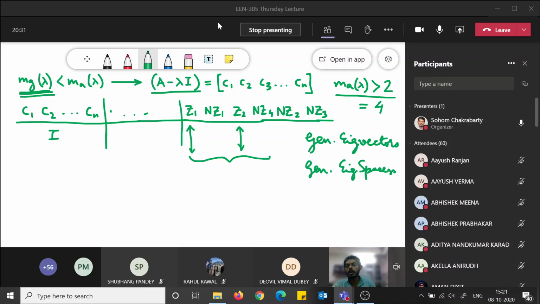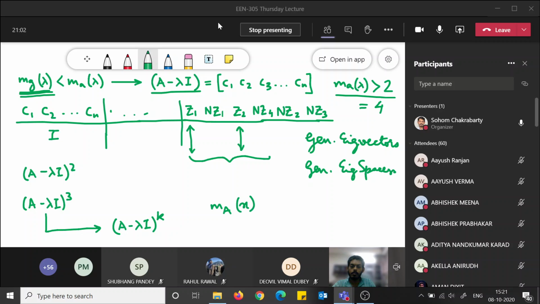So how do you get these generalized eigenspaces? You don't restrict yourself to A minus lambda I, you have to go to A minus lambda I squared, then perhaps A minus lambda I cubed, and actually you have to go till A minus lambda I to the power k, where there is a concept of the minimal polynomial. Your minimal polynomial will have x minus lambda with index k, and there can be some other terms.